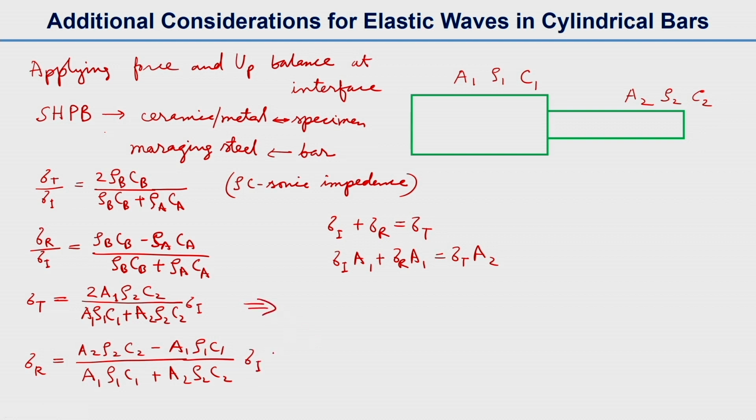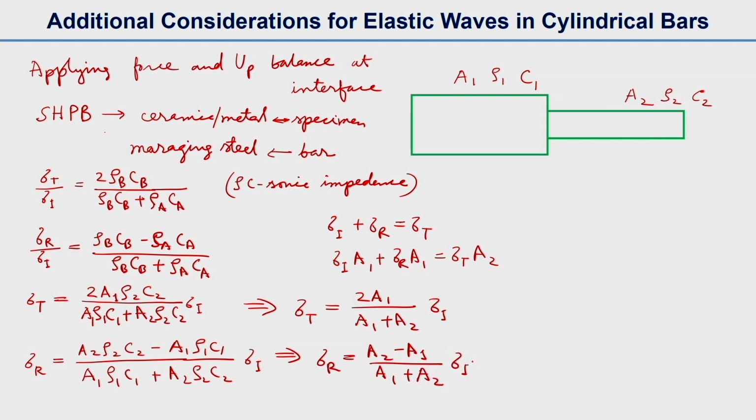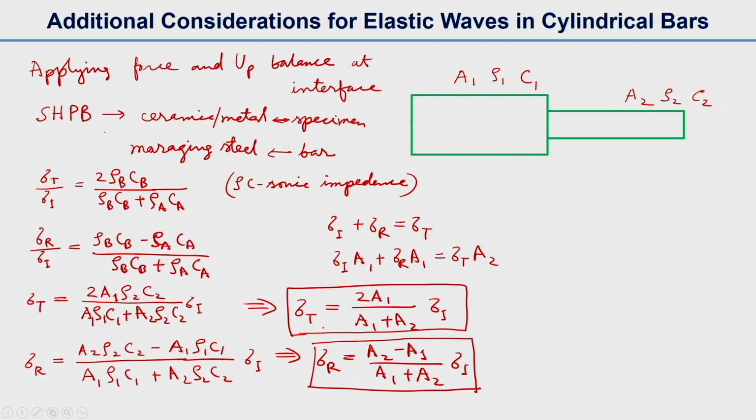This can be simplified as sigma transmitted equal to twice A1 divided by A1 plus A2 times sigma I, and sigma r equal to A1 minus A2 divided by A1 plus A2 times sigma I. These are important for elastic wave propagation in cylindrical bars, which will be important for our split Hopkinson pressure bar calculations.